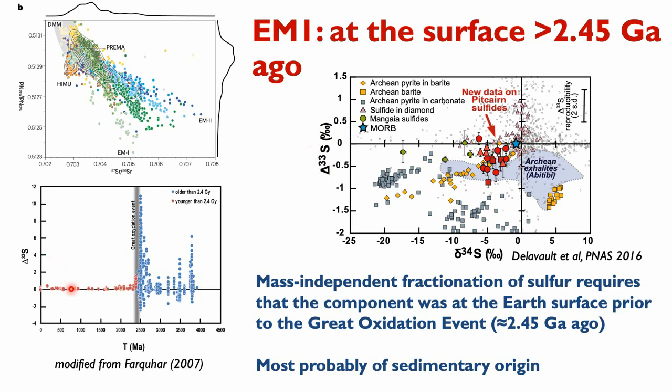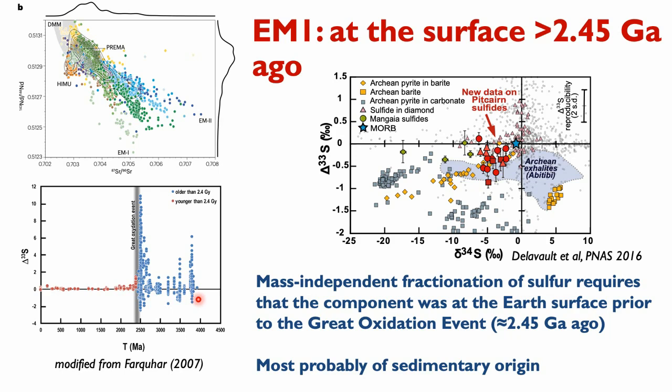What was shown here beautifully by Farquhar in 2007 is that from today's situation all the way back to the Great Oxidation Event, the sulfur isotopes had shown no anomaly. But anything that was older, between 2.5 and 4 billion years, had a gigantic anomaly.